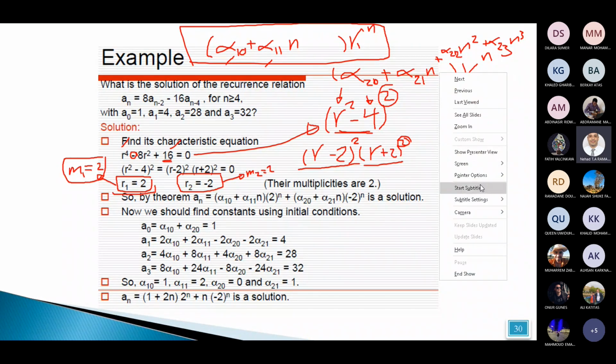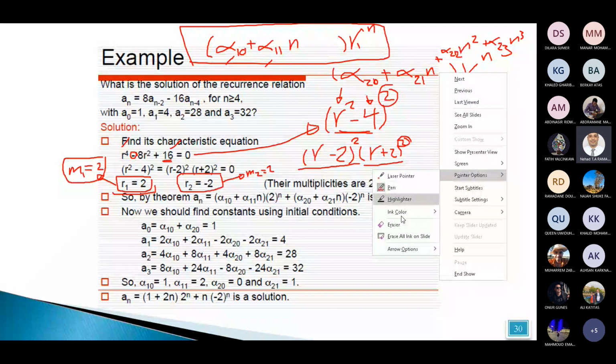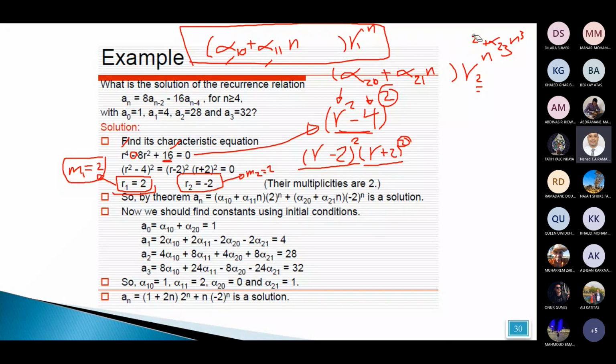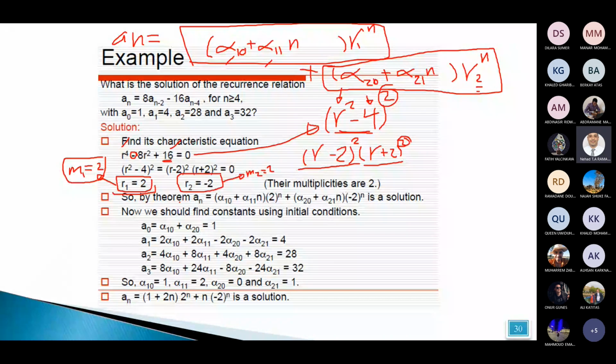But we don't have this because we have multiplicity 2, so we have two constants only, multiplied by r2 power n. The solution for an equals the first solution plus the second solution.